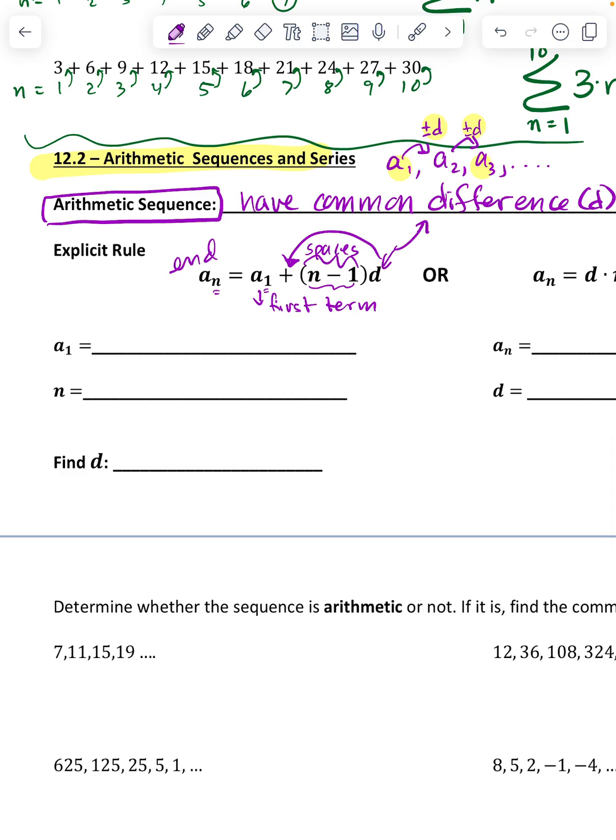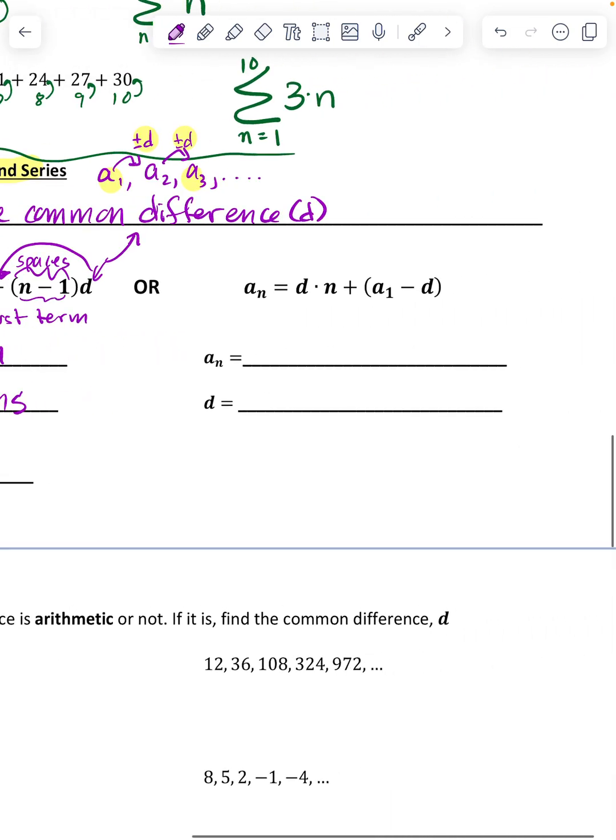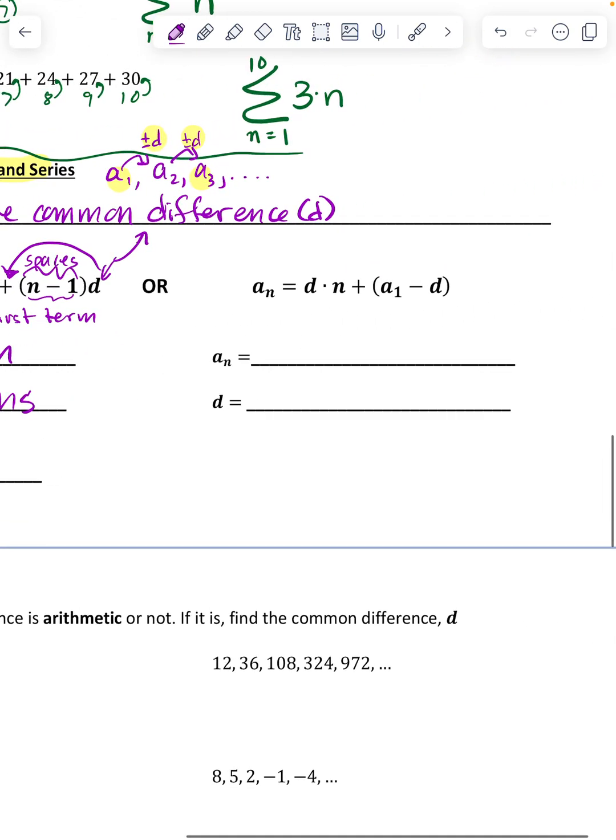So A1 is going to be my first term. N is going to be the number of terms. Are you looking for the 5th term, the 10th term, and so on? A sub n is going to be kind of like any future term. So if you want to find the 7th term, A sub n is going to be what you write.